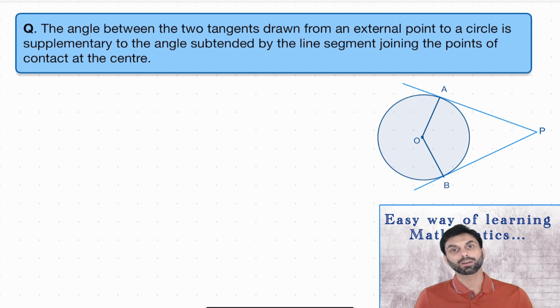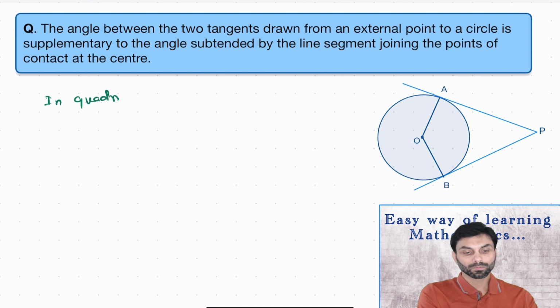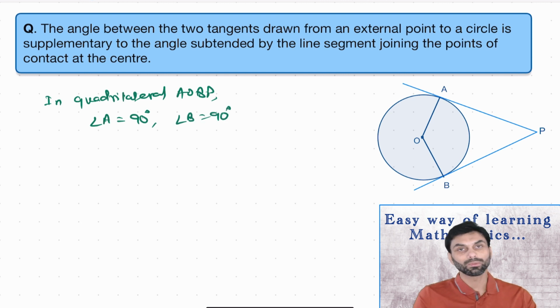So here we are talking about the quadrilateral AOBP. If you see here, we can say in quadrilateral AOBP, we know angle A equals 90 degree and angle B is also 90 degree, which is angle between radius and the tangent at the point of contact.